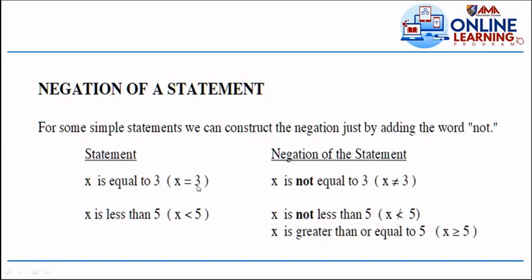So, sabi dito, if you're going to negate the statement, gagawin lang po natin, magdadagdag tayo ng word na not. Kaya if you're going to negate this one, x is not equal to 3. Ibig sabihin nun, na-negate na natin yung statement. So this is now your symbol, x is not equal to 3.